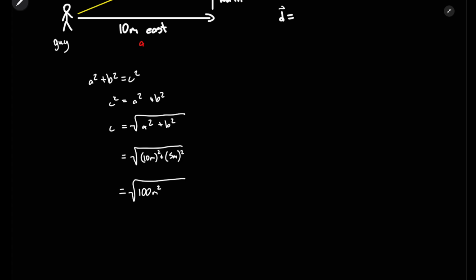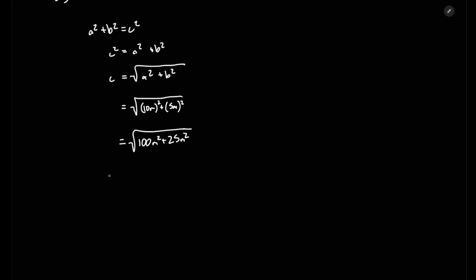We are not ignoring the units. 100 meters squared plus 5 squared is 25 meters squared. Don't ignore the units. If I ignore the units, then the units won't add up and it won't make any sense. So then 100 meters squared plus 25 meters squared is going to be 125 meters squared.